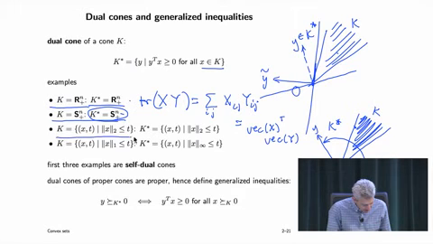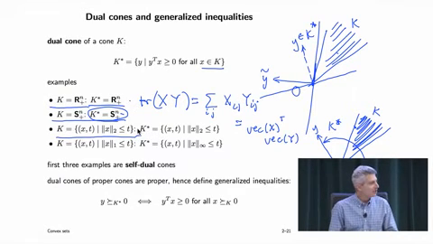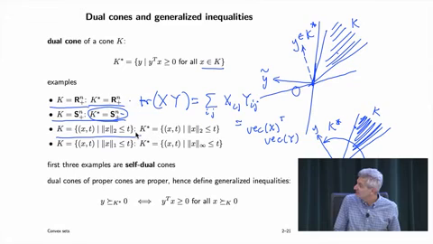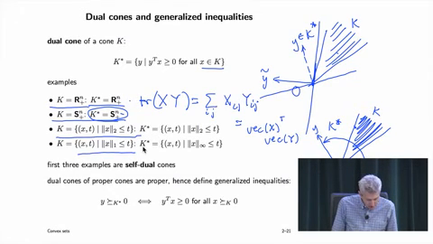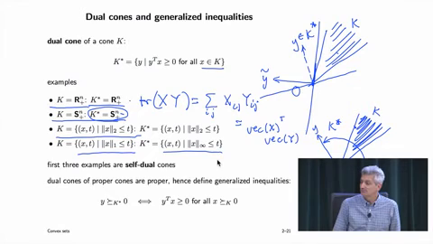Here is the Lorentz cone, or the cone associated with the Euclidean norm, and that cone is also its own dual. So that's the same thing. And here's the L1 norm cone, and the dual of that is in fact the norm cone associated with the infinity norm. Again, that's something you should not be surprised about. You should expect these things.